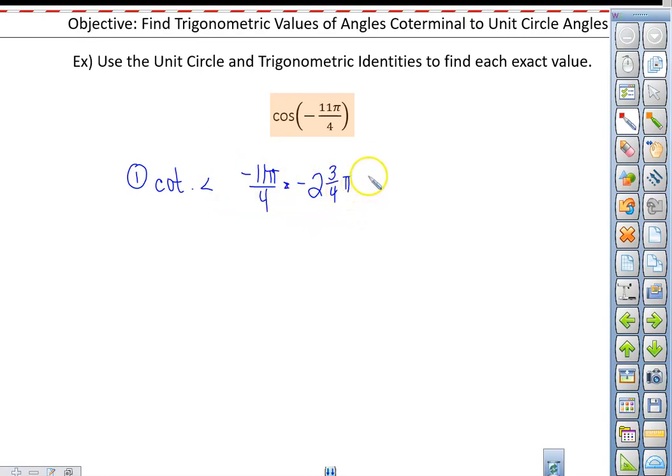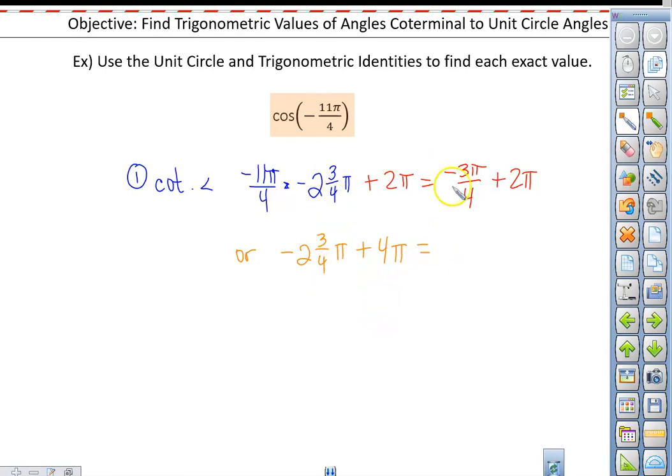So I could add 2 pi, which would give me that negative 3 pi fourths. And then I could add another 2 pi, or my option would be to take this negative 2 and 3/4 pi and add 2 full revolutions of 4 pi and figure out what that is in one step. Either way works.